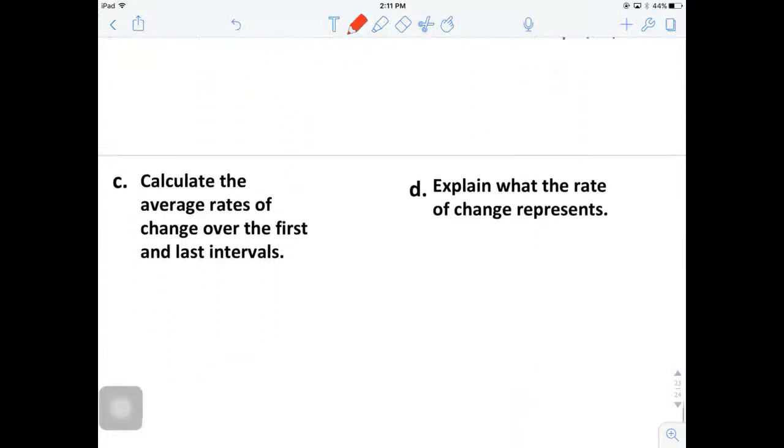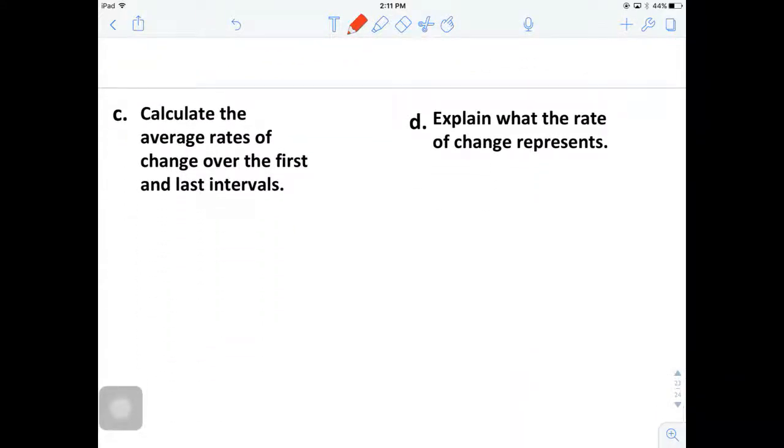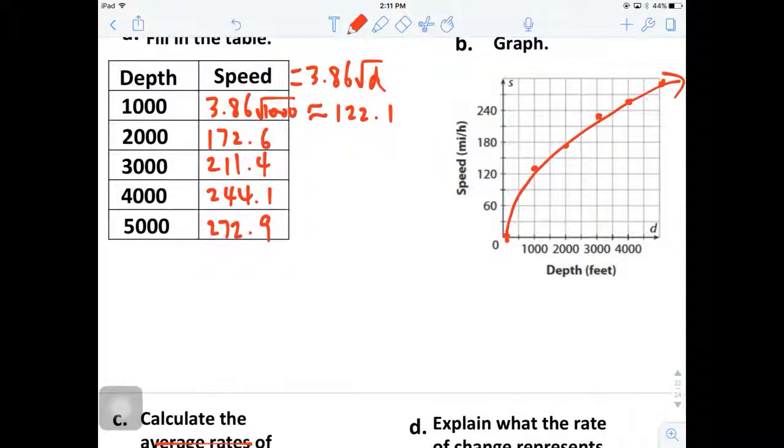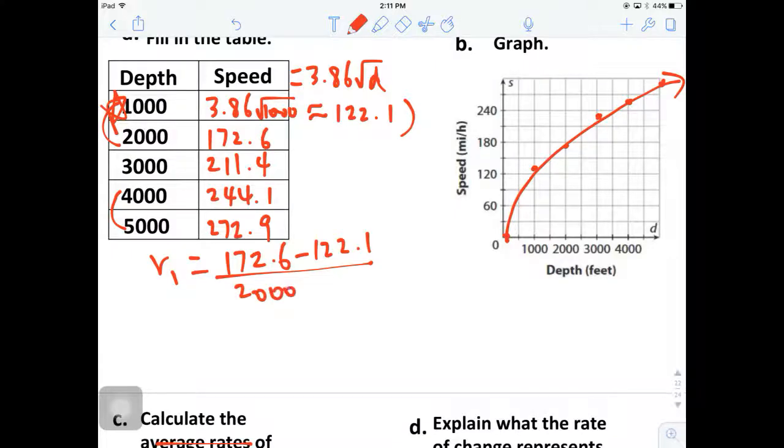And again, next you're going to calculate the rate of change over the first and last interval. So we're going to do it over here. For the first, it's going to be right here, and you're going to do the last one between these two. So the first one, that's going to be R1, which is 172.6 minus 122.1 over 2000 minus 1000.